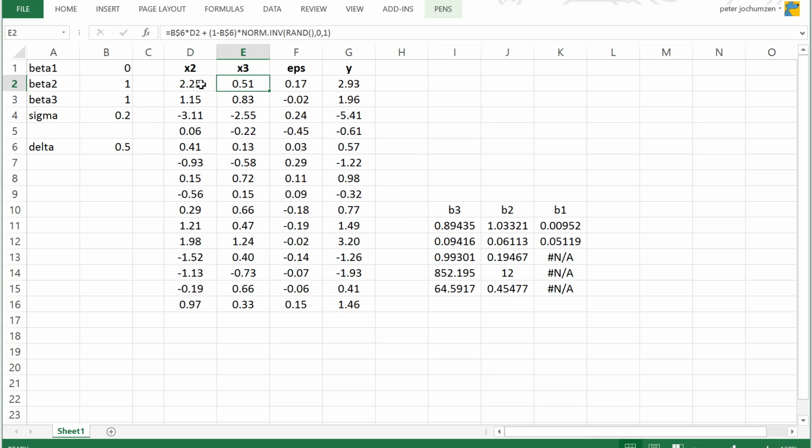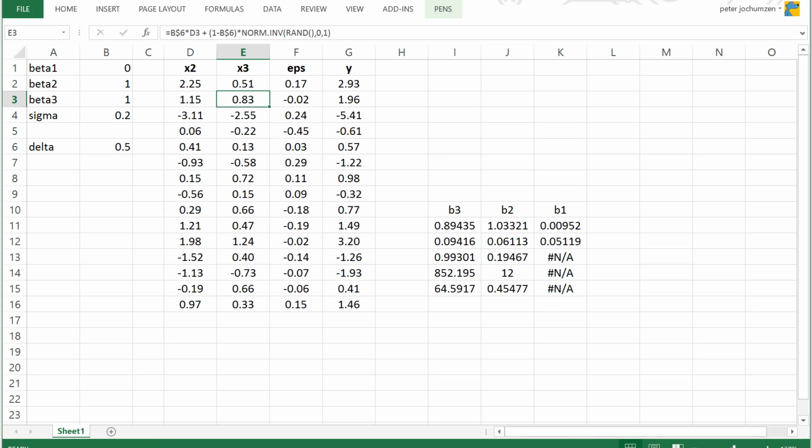Because this one only depends on that one and something random, and this one only depends on that one and something random. And since these are independent, these two will be independent as well. So we still have random sampling, but we have dependence between the explanatory variables.